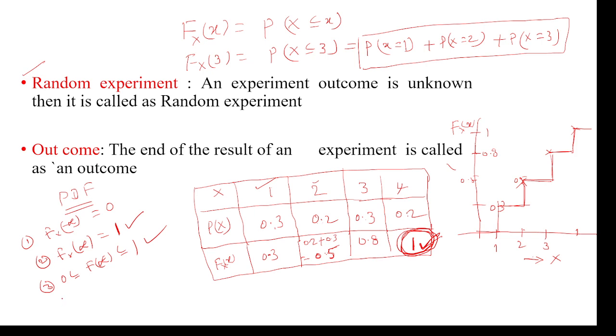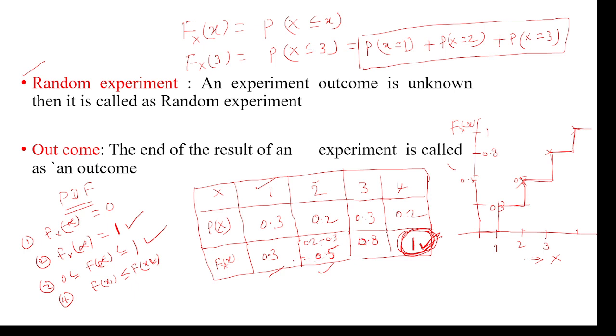The fourth property is about the present distribution. For example, F of x1 is less than or equal to F of x2, because this is a cumulative addition, that is the reason the present distribution is greater than the previous one. Here, if we take the third position, 0.8 is greater than the previous one.